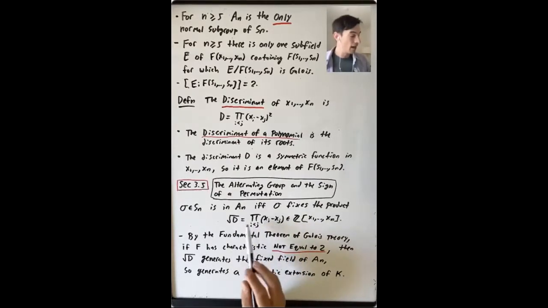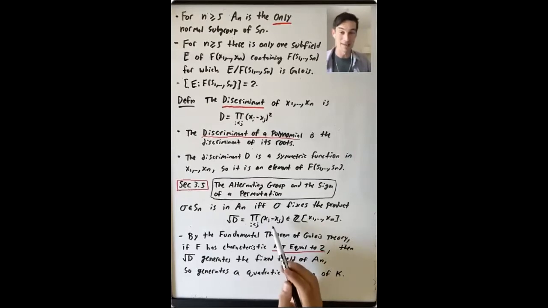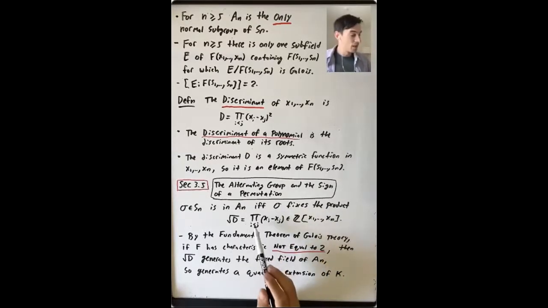So sigma turns this product into (-1) to the something times that product. And that power, whether it's (-1) to the 1 or (-1) to the 0, determines whether that sigma was even or odd. Okay, so that's what's going on here: certainly sigma sends this product to (-1) to some power times itself. And the question is whether it fixes this product or sends it to its negative.